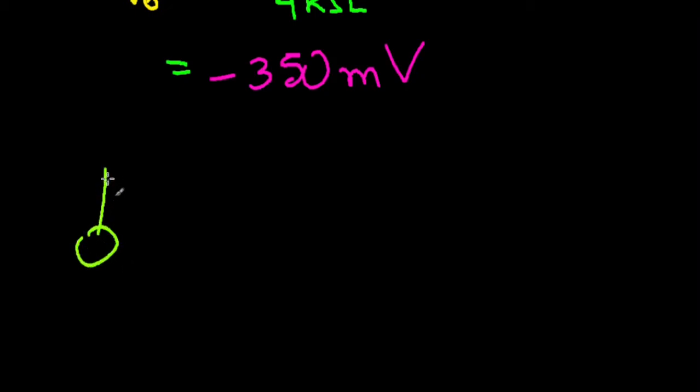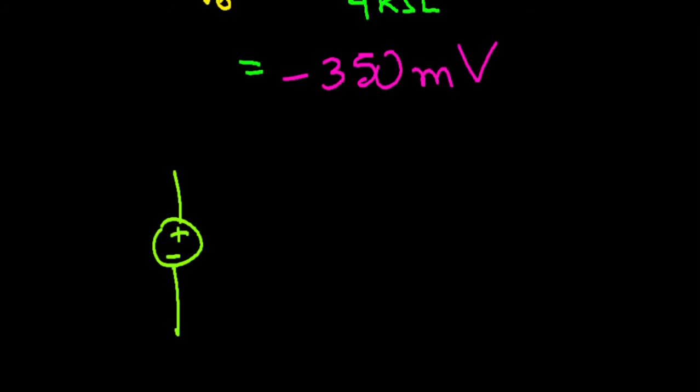You know your aim. You have your goal. You just need to make a circuit that achieves that goal. Might sound obvious. Suppose I have a supply here, and let's say this is 5 volts.